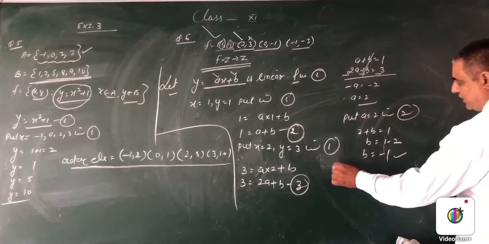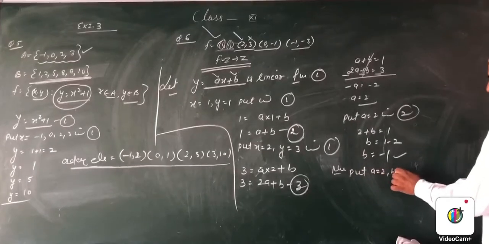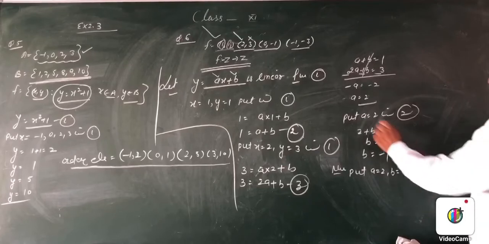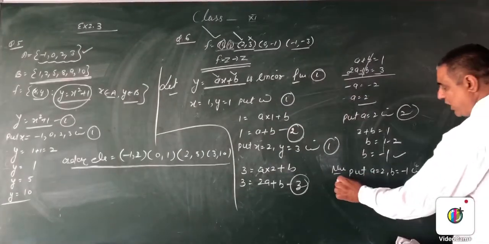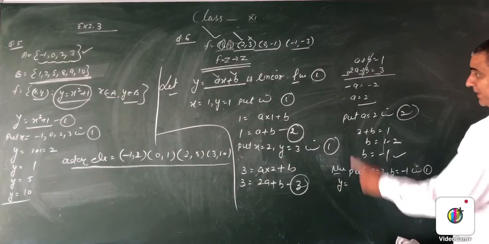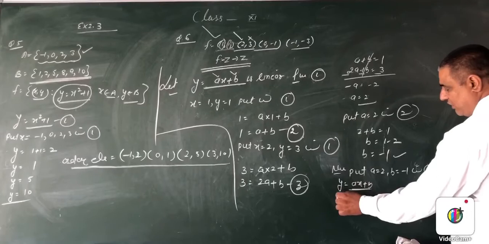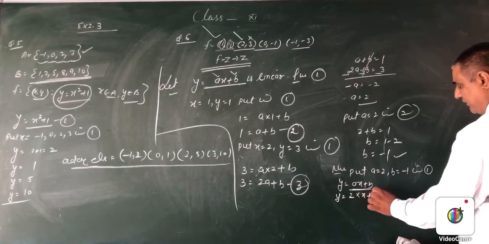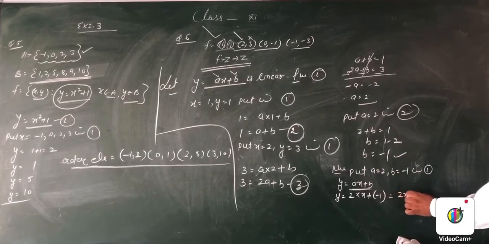Now we put a = 2, b = -1 in equation first. If we put these values in equation first, y = ax + b, y = 2 multiply x plus the value of b, which is -1. We get 2x - 1.